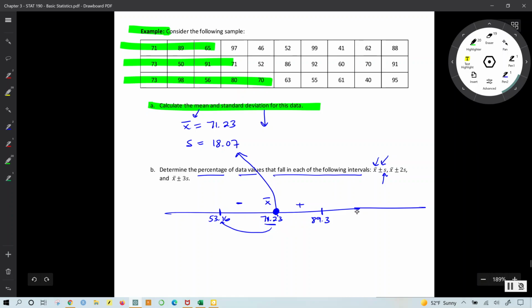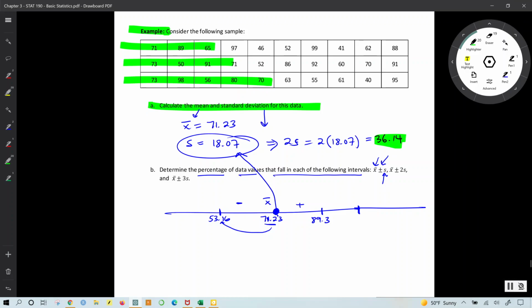Then, what about if we took two standard deviations? What is two standard deviations here? That will be 2 multiplied by 18.07, and that will be 36.14, which is twice the standard deviation.